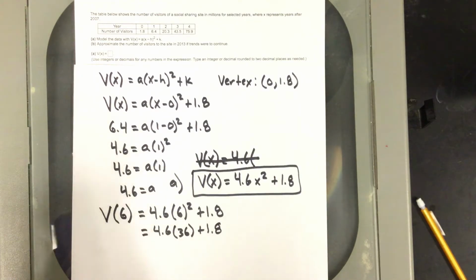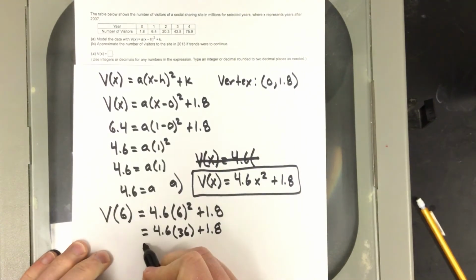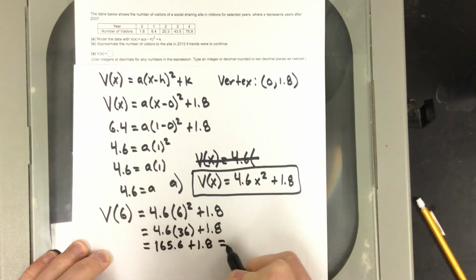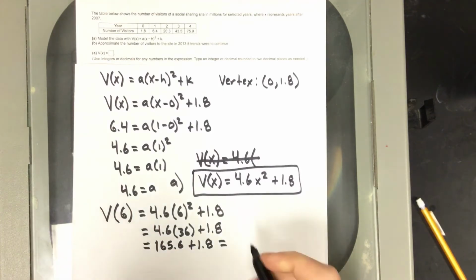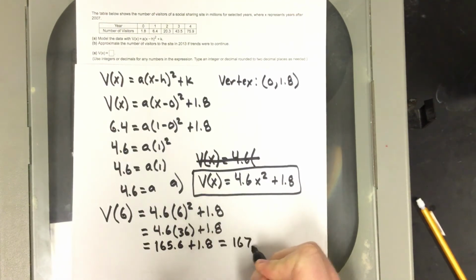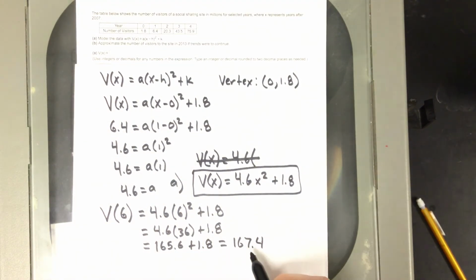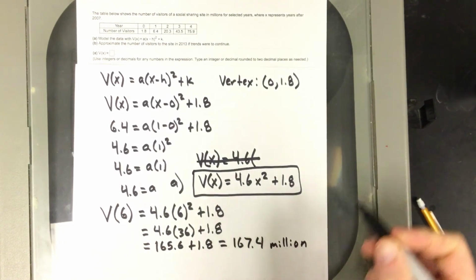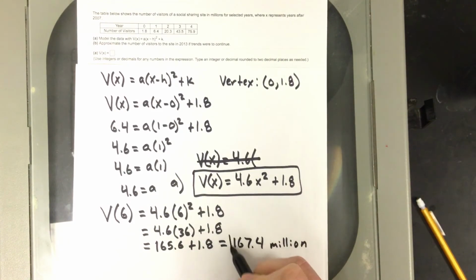I multiply those, and I'll get 165.6, plus 1.8, which when you add those together, we get 167.4. So remember, this is in millions, so 167.4 million visitors to this site. This is part B.